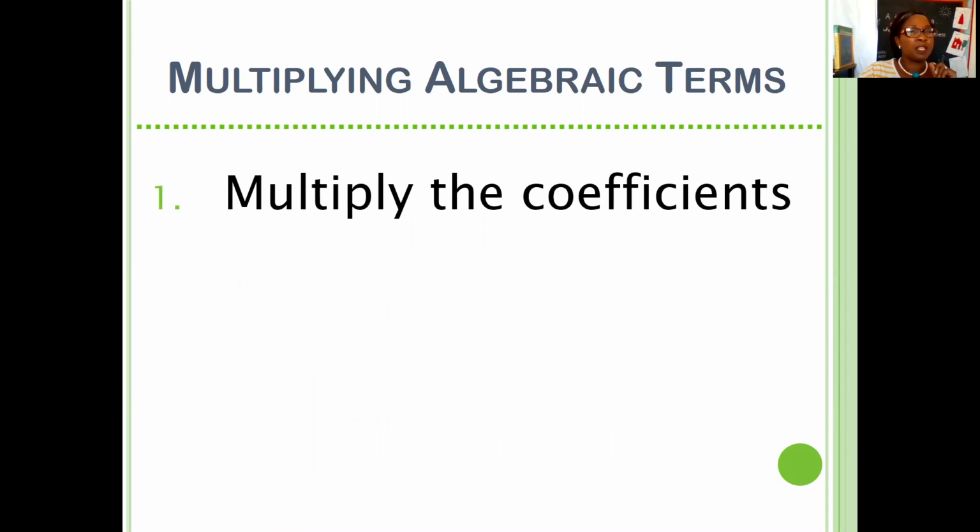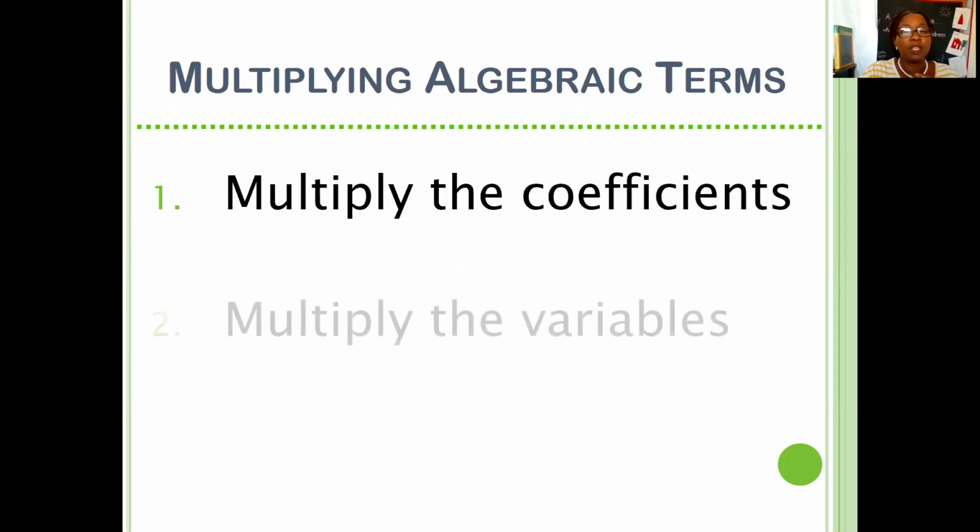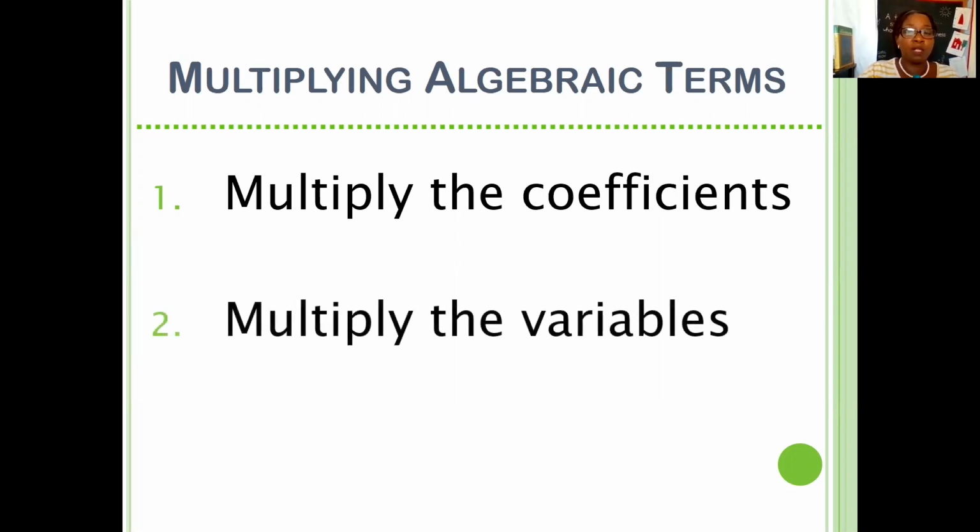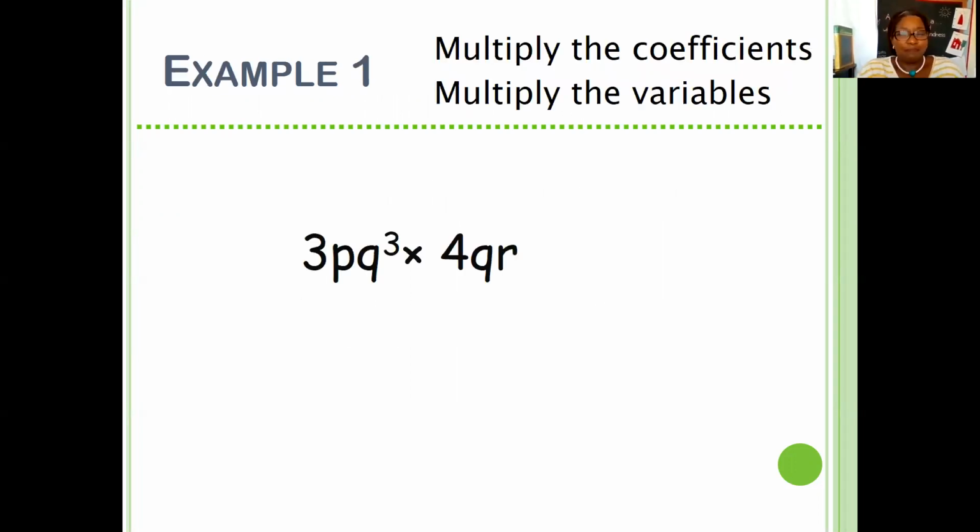Remember those coefficients, the numbers that look like they're attached to variables, right? We know that that's already a multiplication in process, but that's going to be step 1. We're going to identify our coefficients and we're going to multiply them. Then step 2, we're going to multiply the variables. Let's jump in.